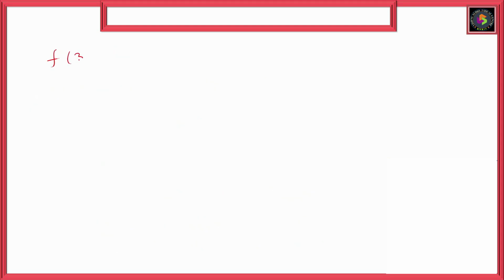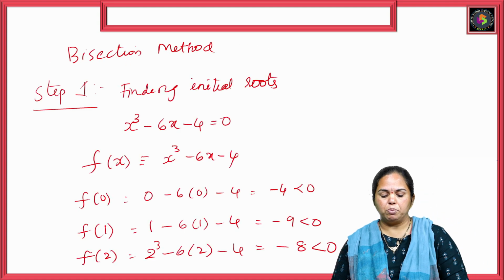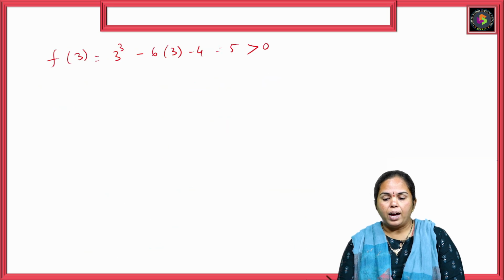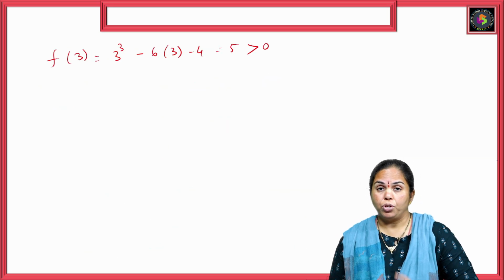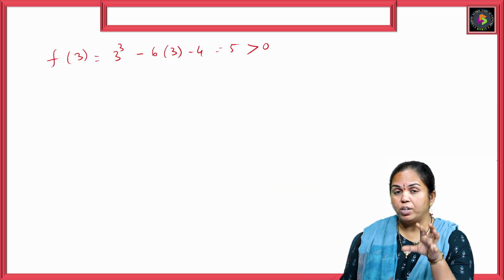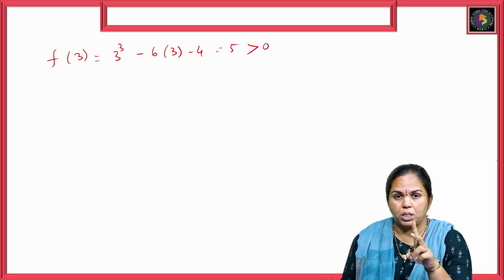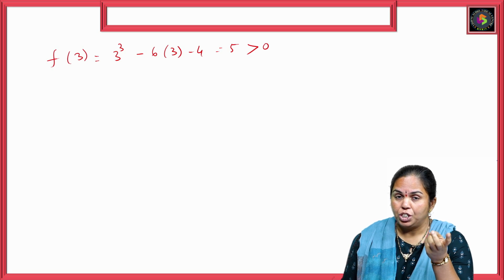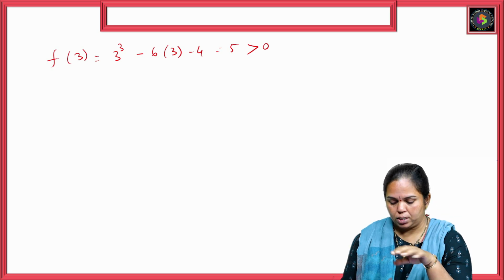Next, f of 3. You may have a doubt about how long we have to continue this process. If you observe, f of 2 and f of 3 are of opposite signs. You have to continue this process until, for two successive values of x, the functional values are of opposite signs.